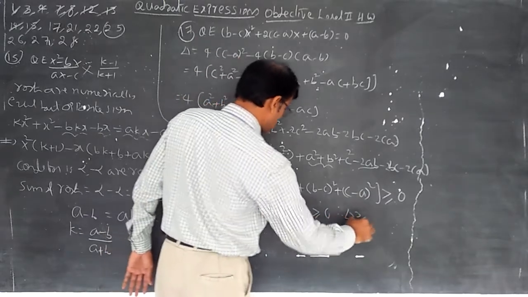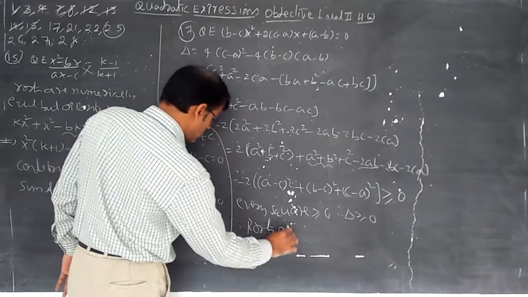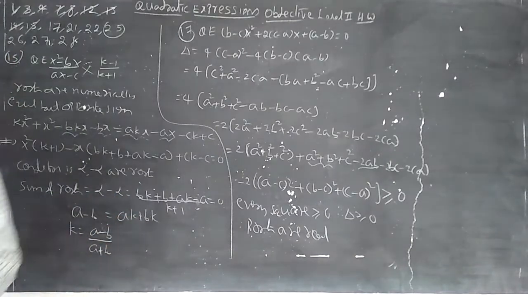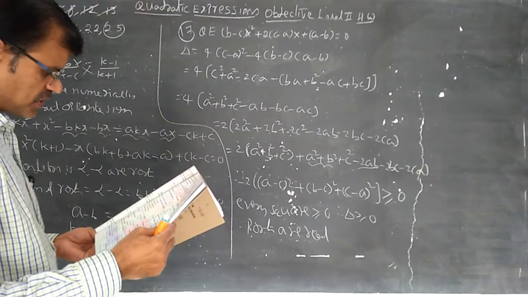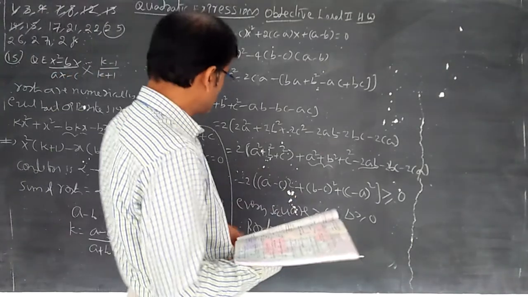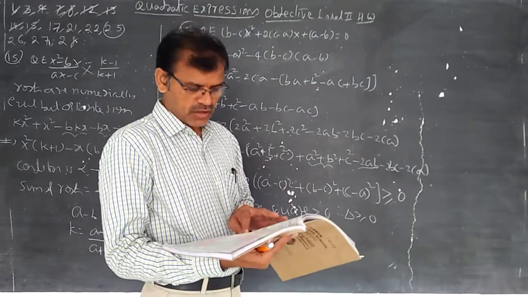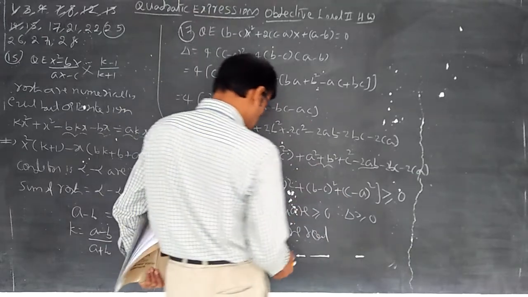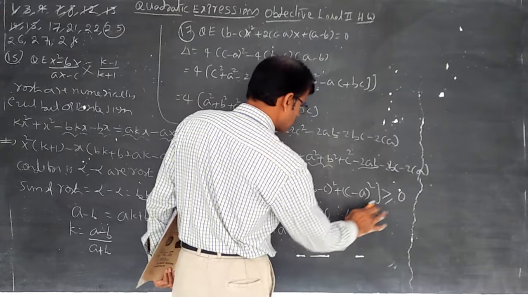Therefore delta is greater than or equal to 0, therefore the roots are real. Whenever a, b, c are not equal, it becomes a quadratic equation, so real and distinct. There is no question of being equal to 0 here.